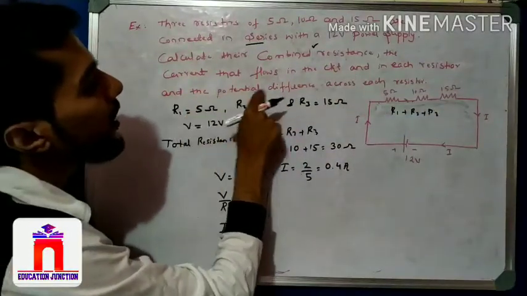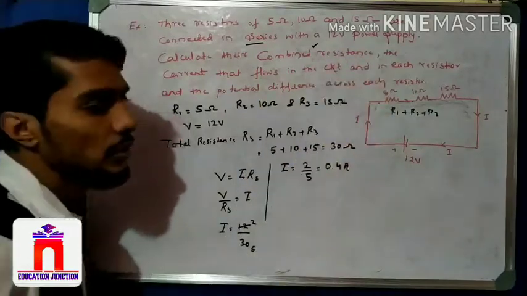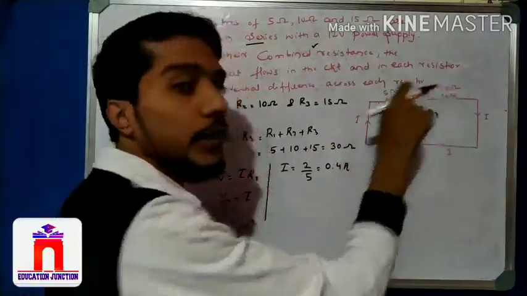Now the potential difference across each resistance. Here V1, V2 and V3 we have to find.